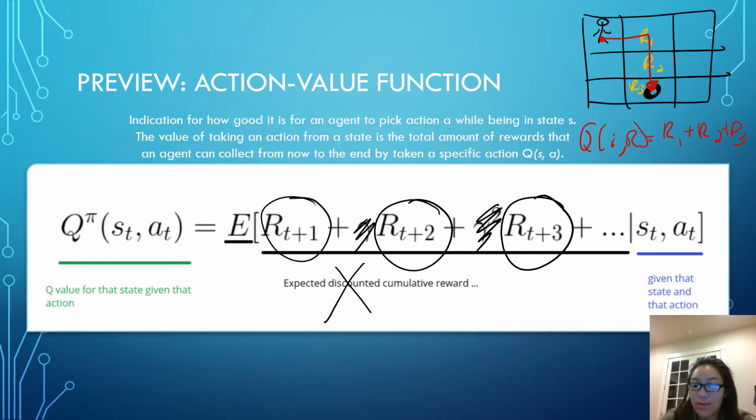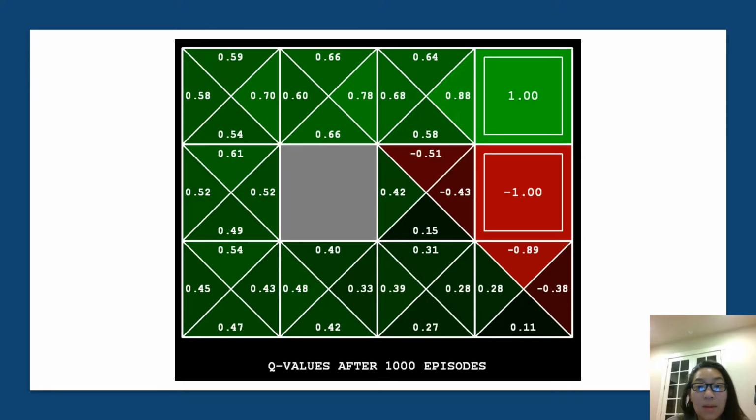And our goal in a machine learning algorithm is to maximize the expected return. So this is a completed Q table with correlating action value functions after 1,000 episodes. And say if we started at this initial state at the upper left corner, we can see that action right in each state is favored because it leads to the maximum rewards in this environment.